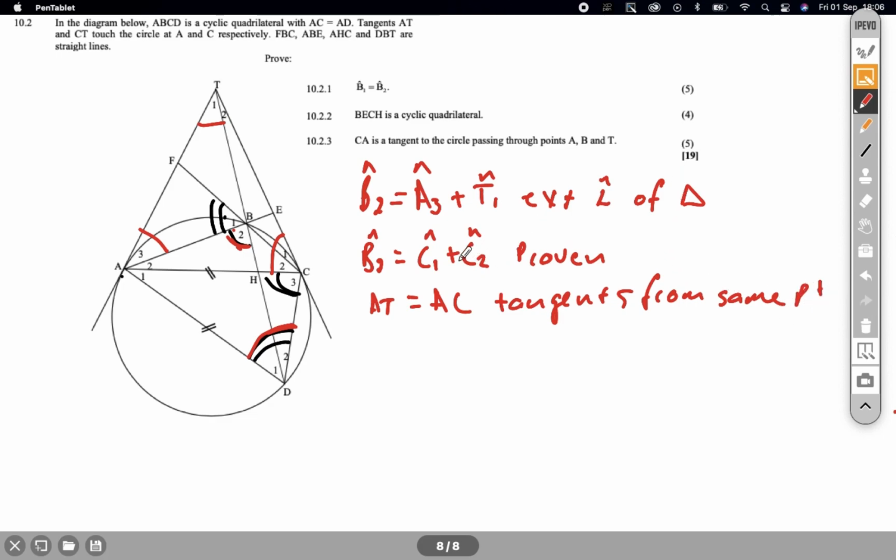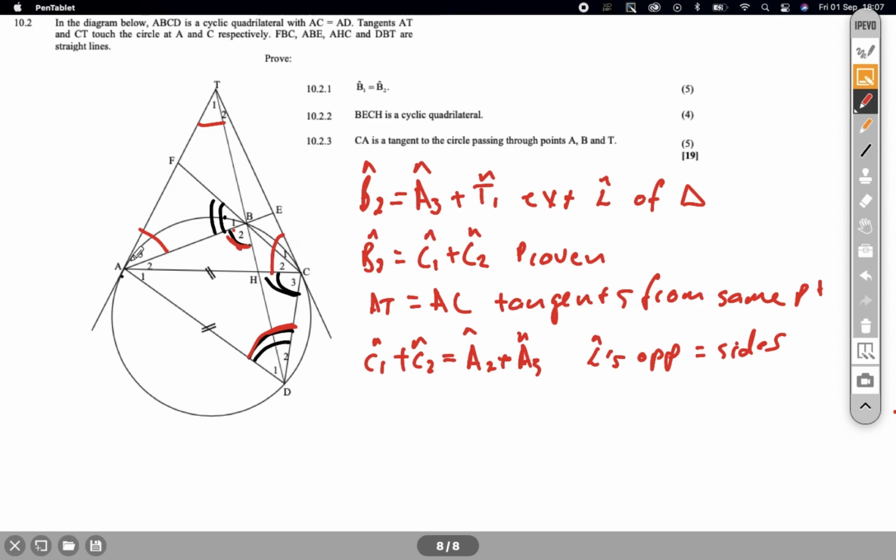Okay, then now C1 plus C2 is equal to A2. So let me write this down. C1 plus C2 is equal to A2 plus A3. And the reason for that is angles opposite equal sides.